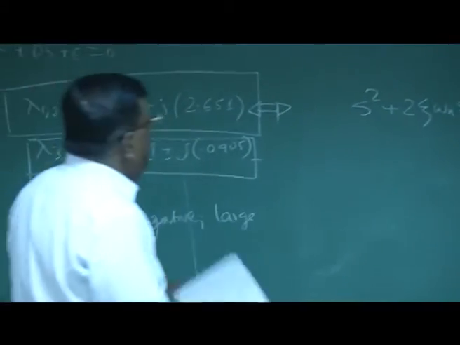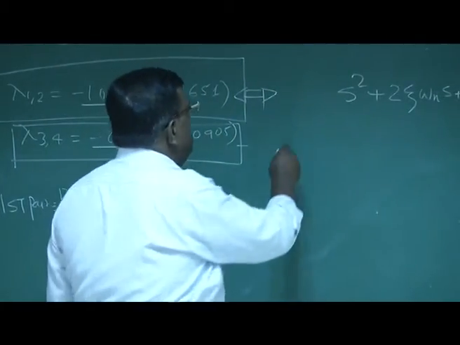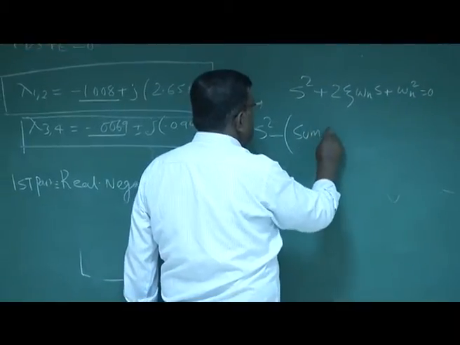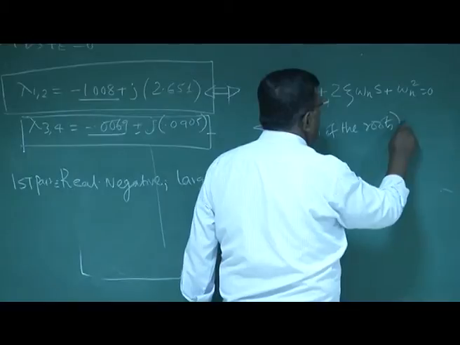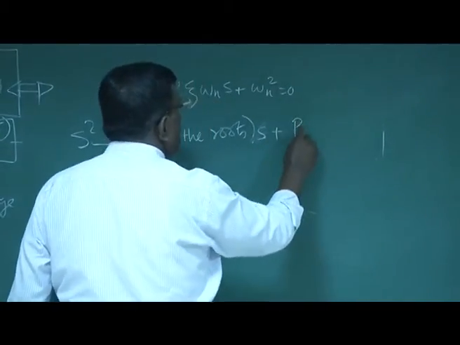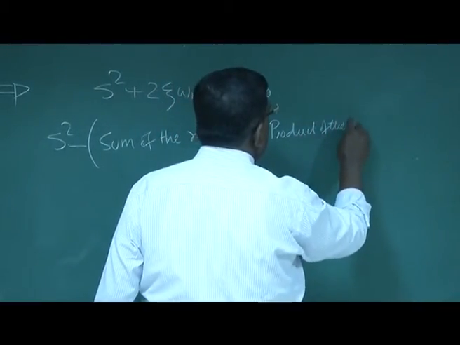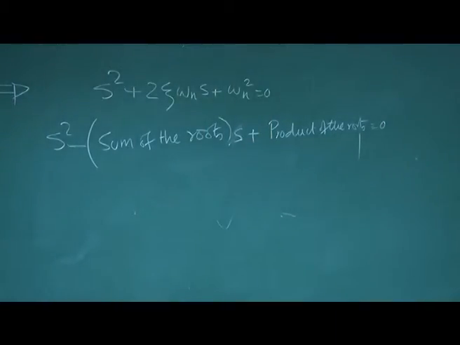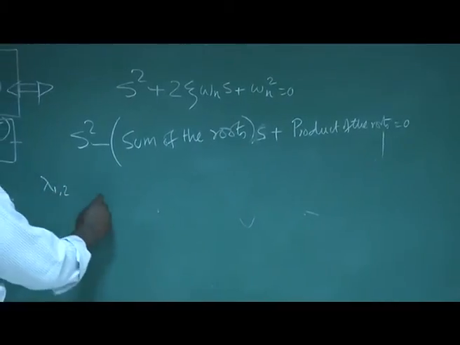And so I construct the equation from the roots in this form: s square minus the sum of the roots into s plus the product of the roots equal to 0.